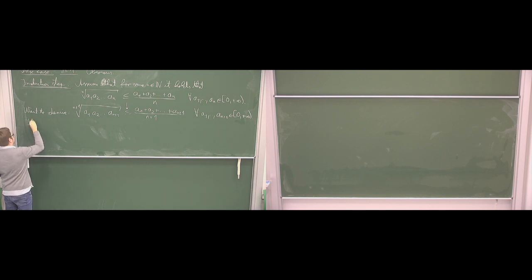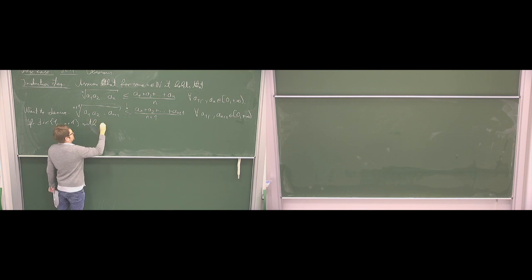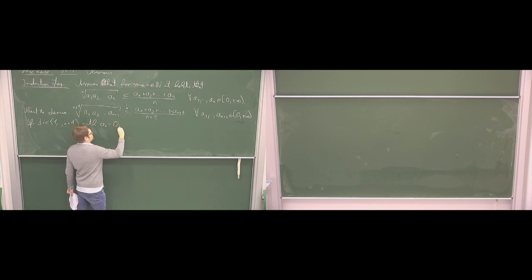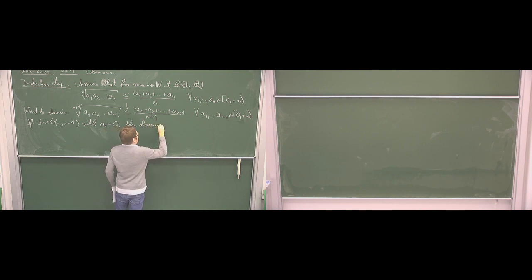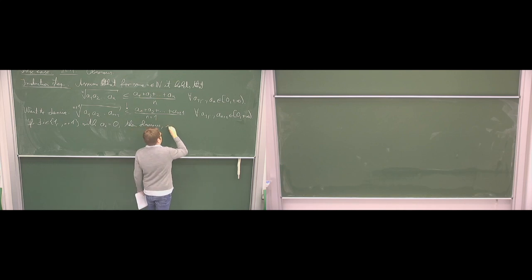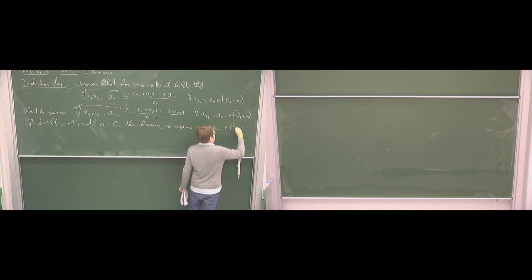So if there exists some i between 1 and n plus 1 with ai equal to 0, then the statement is obvious again. So we assume in the following that we only consider positive numbers. So assume a1 to an plus 1 are in the open interval 0 to plus infinity.